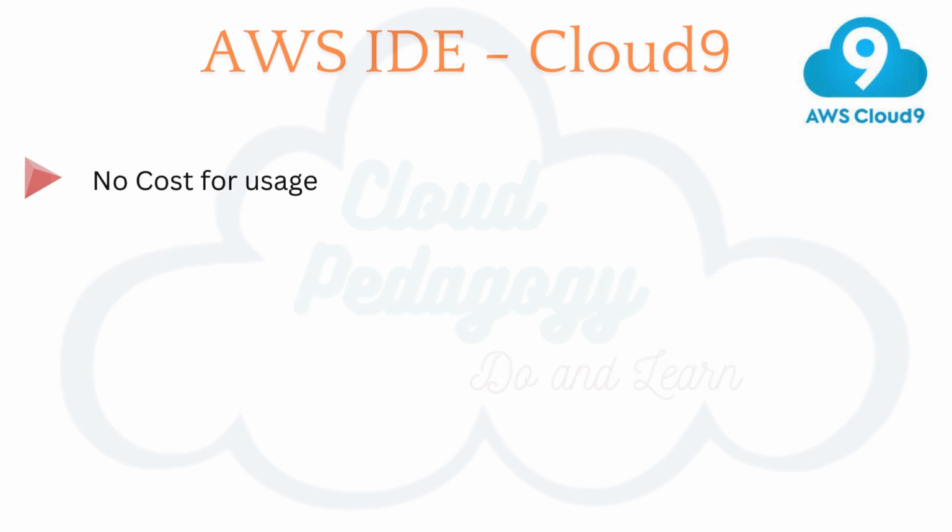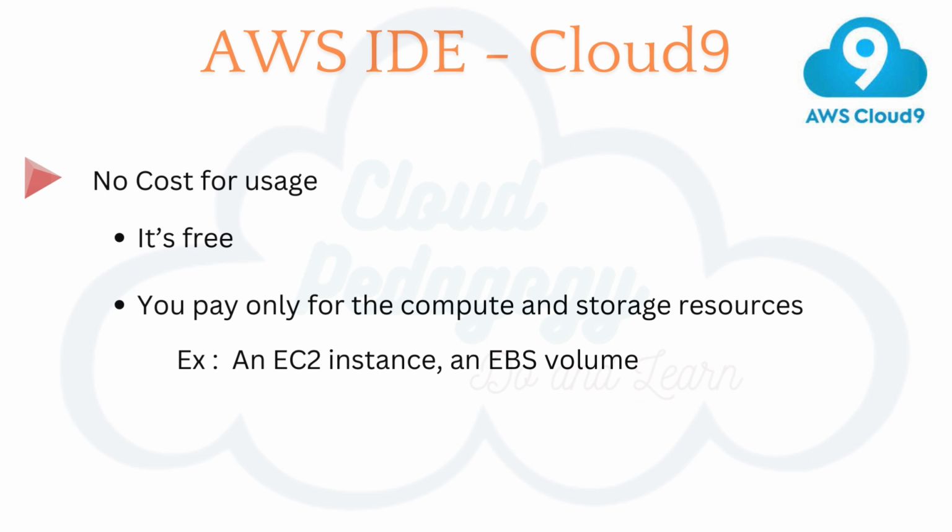Next, no cost for usage. There is no additional charge for AWS Cloud9. If you use an Amazon EC2 instance for your AWS Cloud9 development environment, you pay only for the compute and storage resources that are used to run and store your code. You can also connect your AWS Cloud9 development environment to an existing Linux server via SSH for no additional charge.